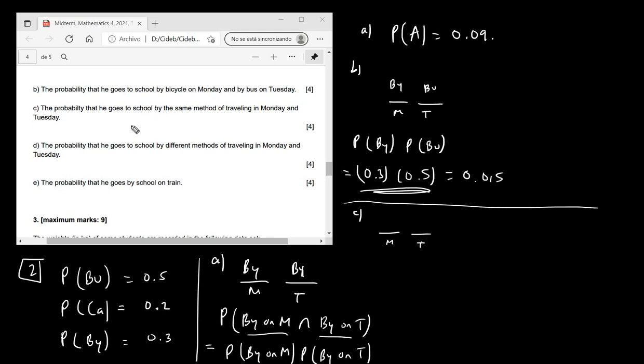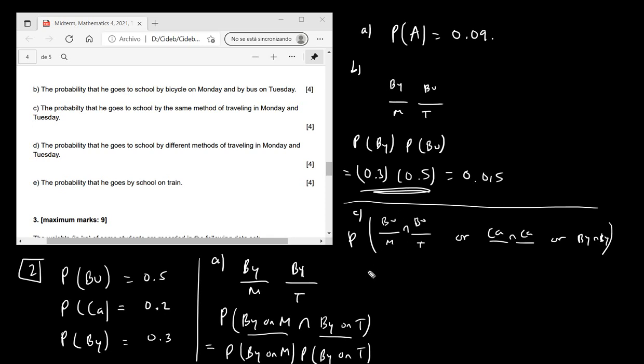The question makes reference to going by the same method of traveling, which can be, let's take this order, bus, or car, or bicycle. So it is the probability of this, this, and this, or this and this, or this and this.